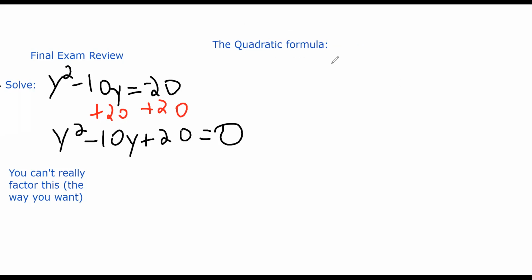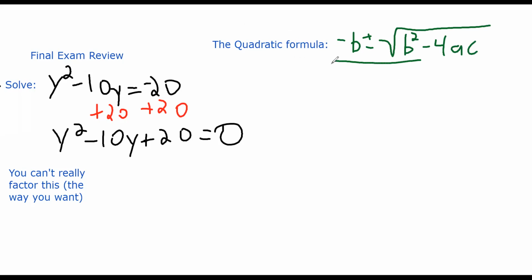The quadratic formula is going to be -b plus or minus the square root of b squared minus 4ac, not AC Slater, all over 2a, where a is the coefficient of your squared term, which since there isn't a coefficient written, it's an implied 1. b is the coefficient of your first degree term. c is the constant, as long as everything's written in order on one side of the equation.